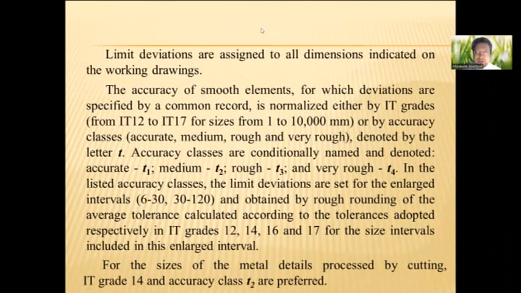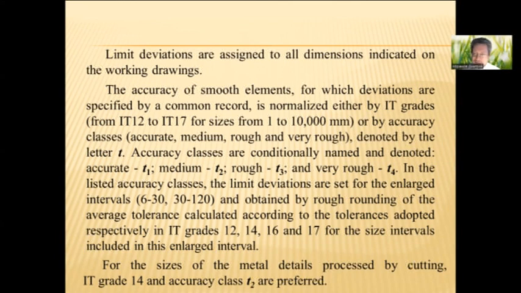Limit deviations are assigned to all dimensions indicated on the working drawings. The accuracy of smooth elements for which deviations are specified by a common record is normalized either by IT grades from IT12 to IT17 for sizes from 1 to 10,000 millimeters, or by accuracy classes: accurate, medium, rough, and very rough, denoted by the letter small t.